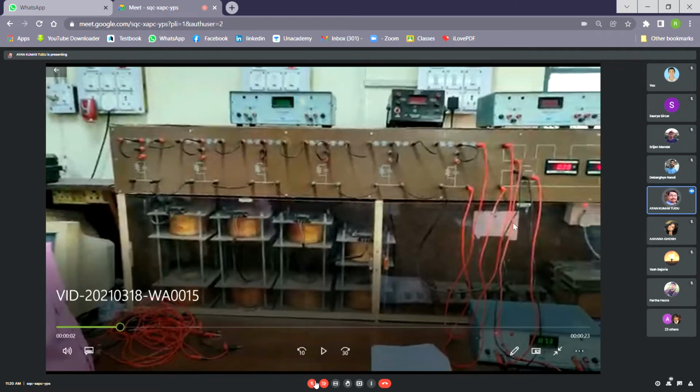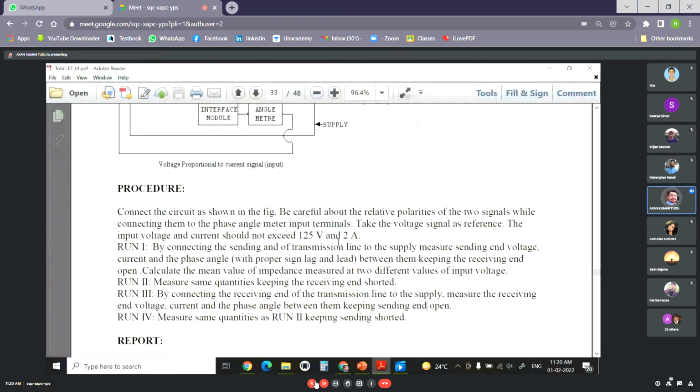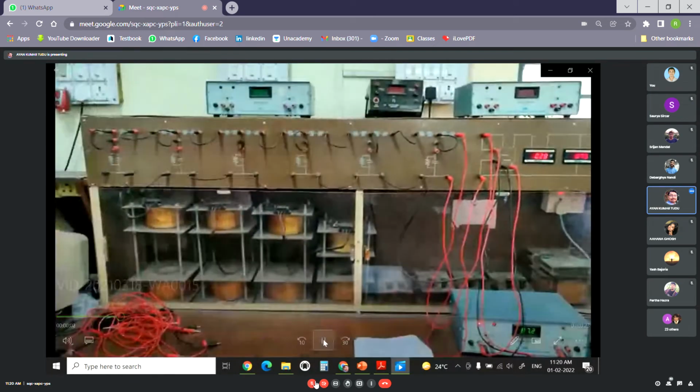Okay. So first of all, if you see the manual, the supply will be at the sending end of the transmission line, keeping the receiving end open. Okay, so first of all, we are keeping the receiving end open, and that is what we are seeing here. See, the receiving end is kept open, the supply is on the sending end side.